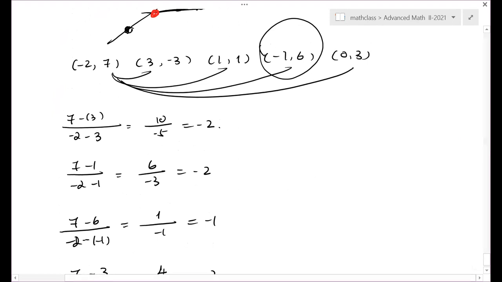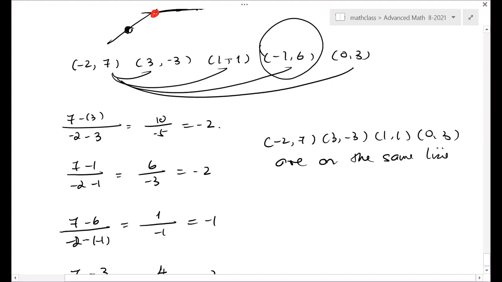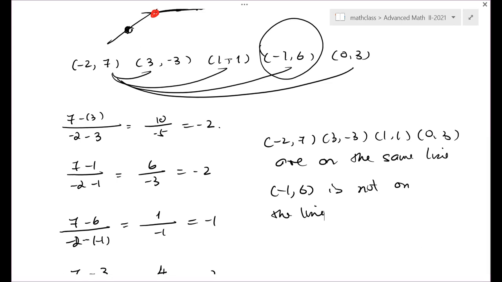The 4 points form a strict line because when you calculate the slope, you get 3 same slopes. So the answer is that 4 of those points are on the same line, but -1, 6 is not on the line shared by the other 4 points. That's what I wanted to discuss today.